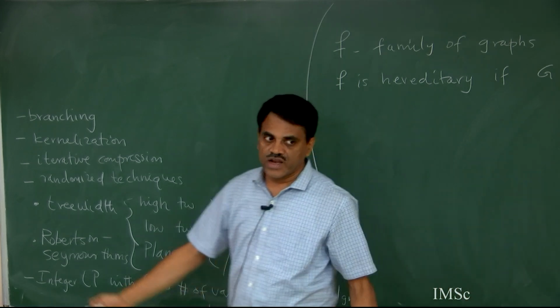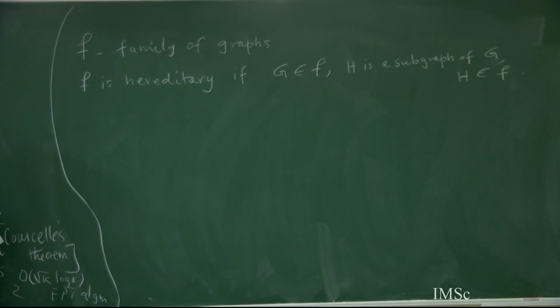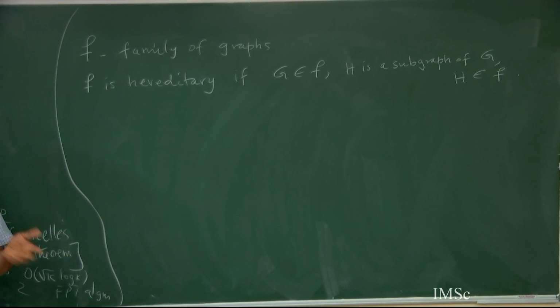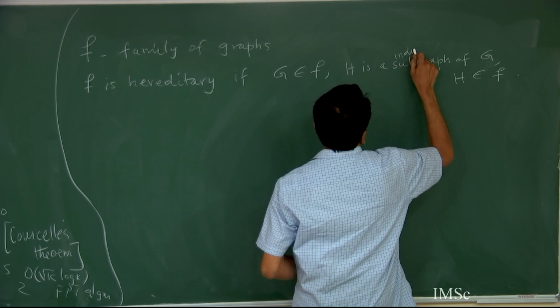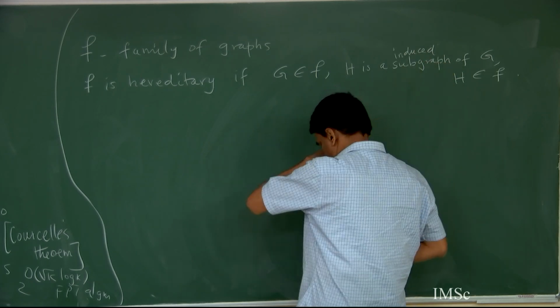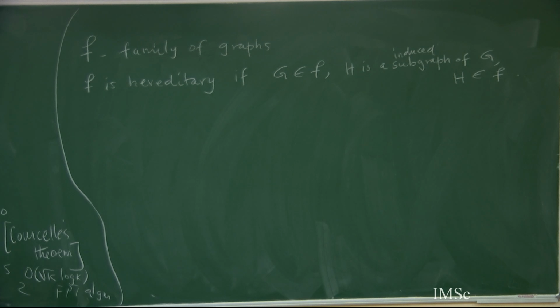A family of graphs, we call it hereditary if the following happens, that if a graph is in the class, then every induced subgraph of the graph is also in that class of graphs, then such a family of graphs is hereditary.